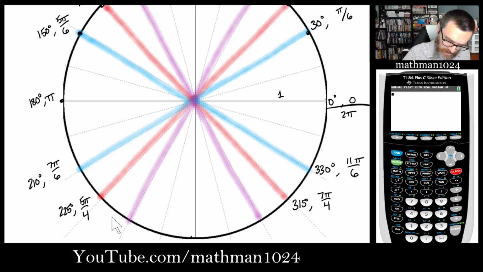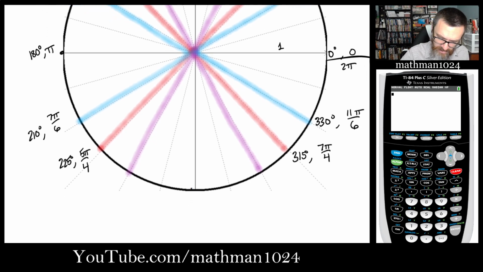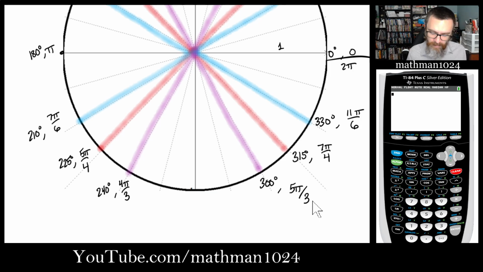And that corresponds to, slide this down a little bit, 240 degrees, which is going to give me 4 pi over 3. And this one will be 300 degrees, or 5 pi over 3. And the one where we are going straight down is 270 degrees, which is 3 pi over 2.